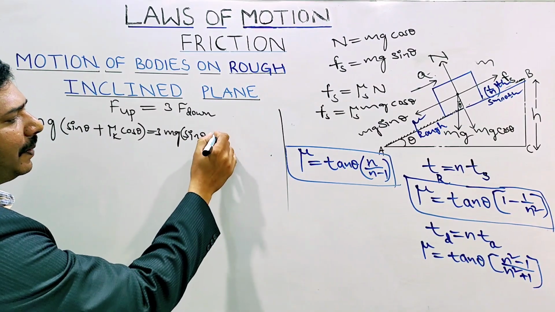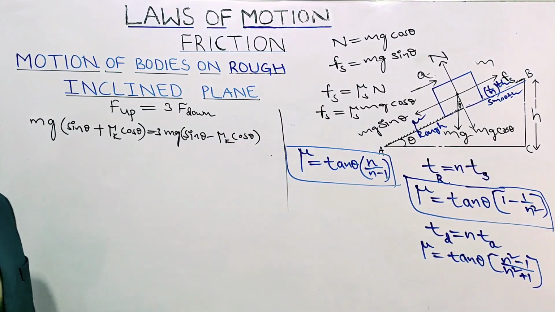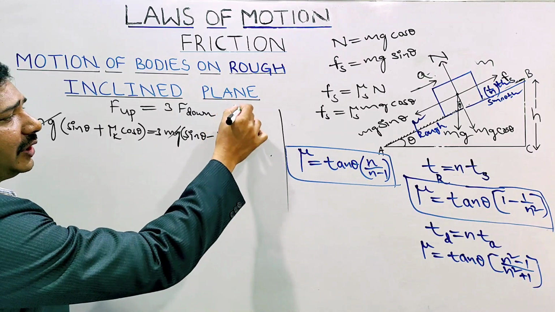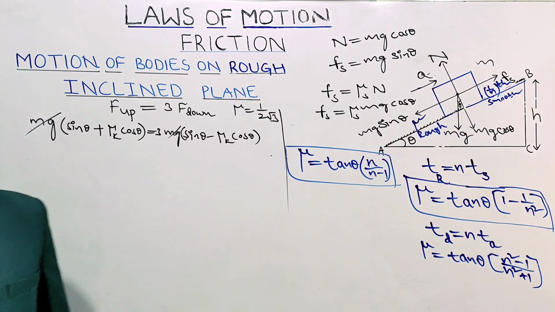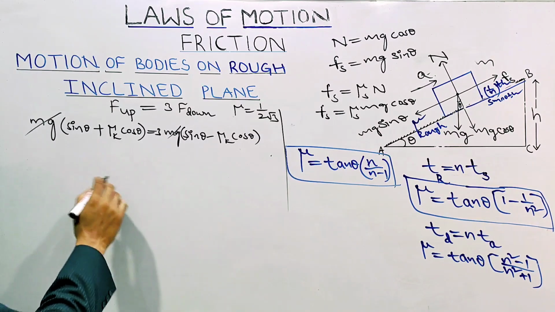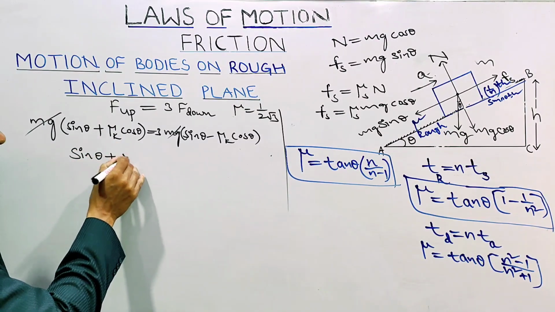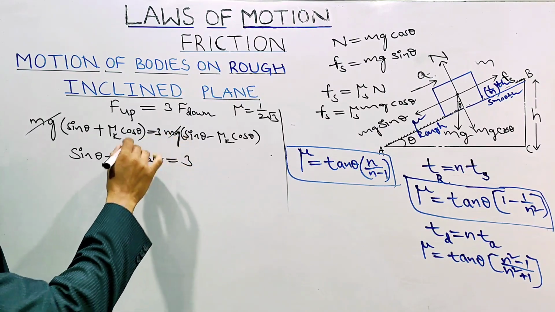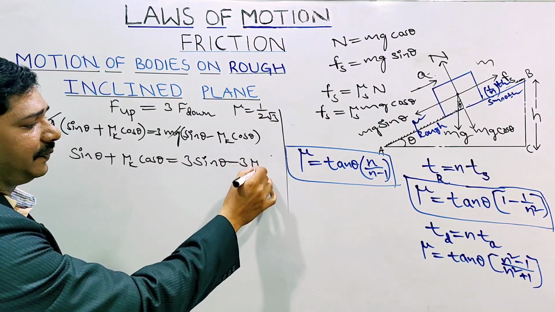On both sides mg cancels. The mu value is given as 1 by 2 root 3, so later we'll substitute after solving this. Open the brackets: sin theta plus mu k cos theta equal to 3 sin theta minus 3 mu k cos theta.